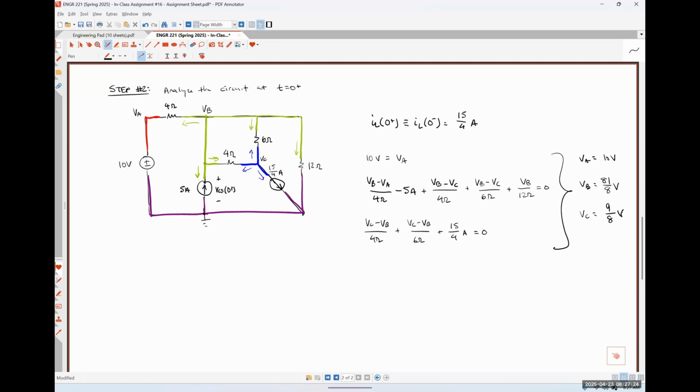And then for VC, I have negative 1 over 4 minus 1 over 6. And then positive 5 amps. Okay, I think I found my mistake. Yep. 45 over 4, which is 11.25, and 9 over 4. Yeah. Okay.